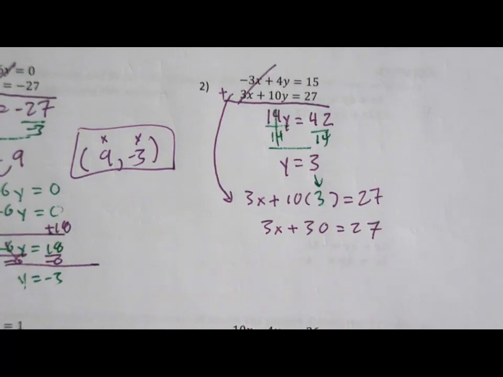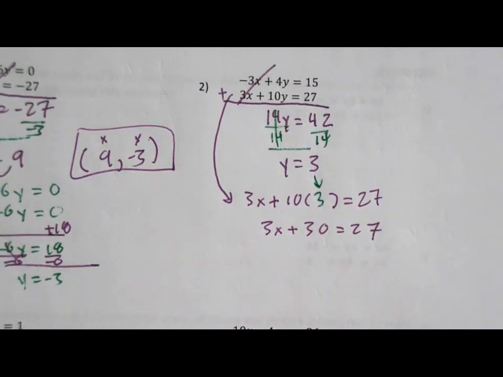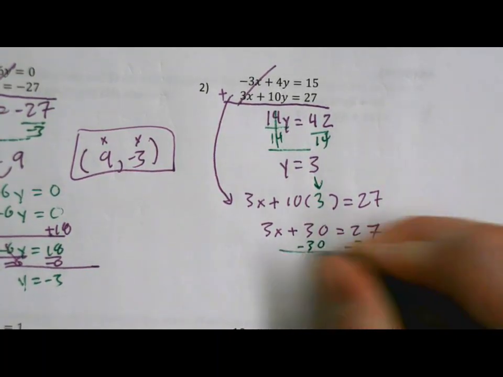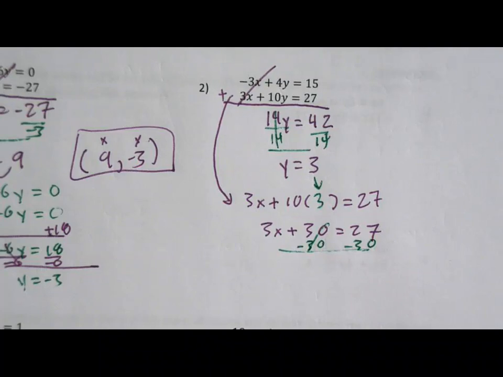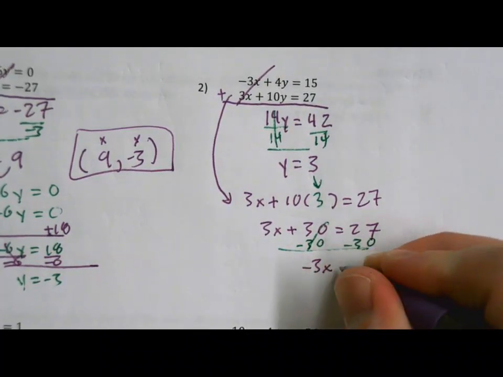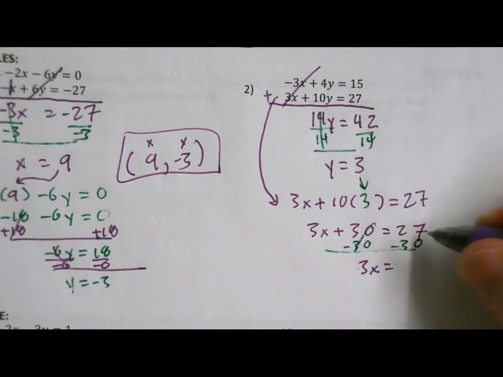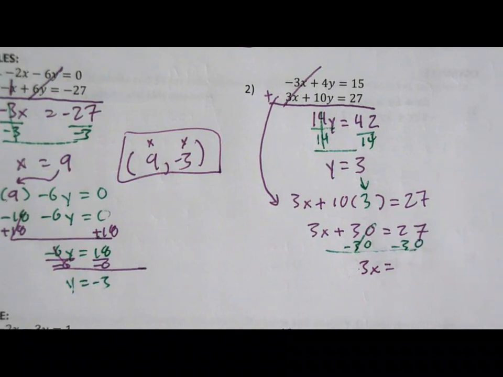I think I'm going to start with the 30. Minus 30 on both sides. I think that's going to get us... oops, why did I make that negative? I was thinking about the other side. 27 minus 30, that's going to get us a negative answer, right?